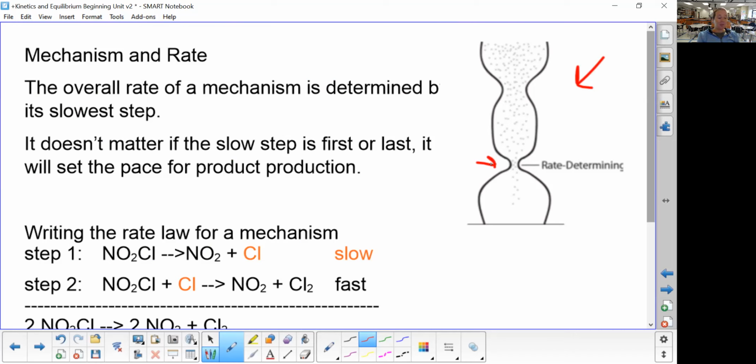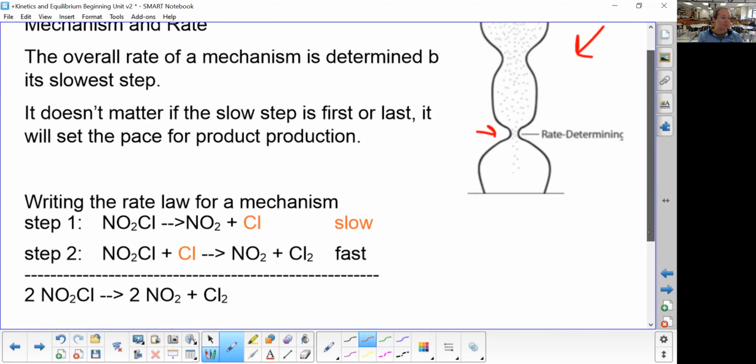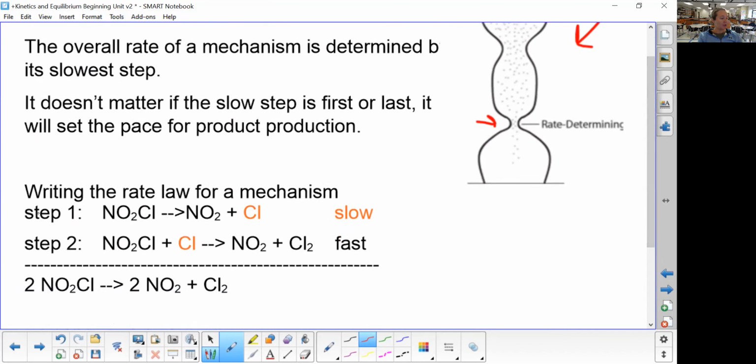You can only go as fast as the slowest part of the mechanism. Okay, and it doesn't matter if the slow step is the first or last, but it will determine how fast the reaction proceeds. This is why sometimes a reactant doesn't affect the rate, because it's not part of the rate limiting step. Okay, so you have to be given information about this. But if we are told that step one of this reaction is the slow step, then the rate law and the rate of reaction is dependent on that.